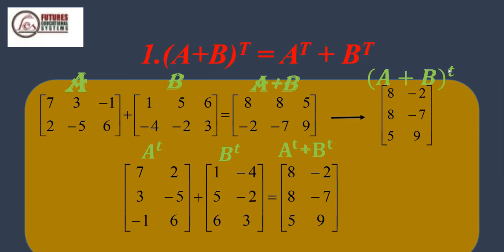(A plus B) transpose gives me a matrix of order 3 by 2, and A transpose plus B transpose gives me the same matrix.